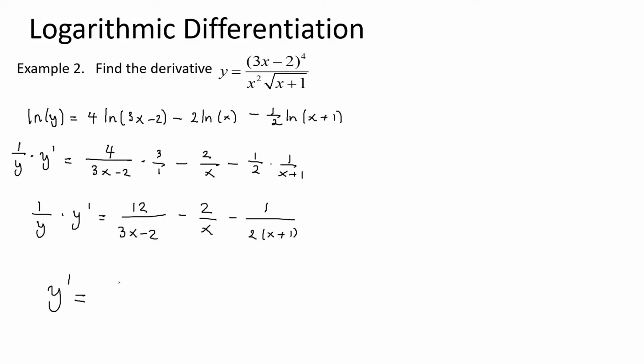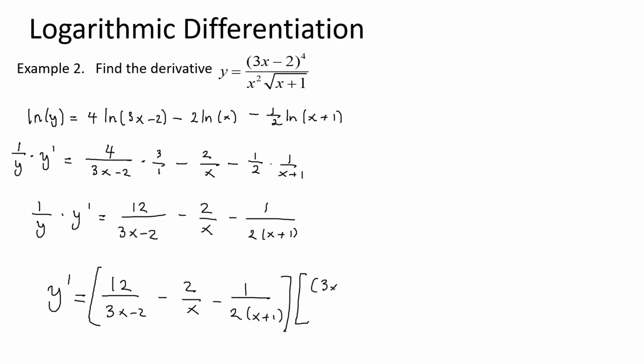Y prime is equal to 12 over 3x minus 2, minus 2 over x, minus 1 over 2 times x plus 1. This whole thing will get multiplied by your y, which happened to be 3x minus 2 to the 4th over x squared times square root of x squared plus 1.